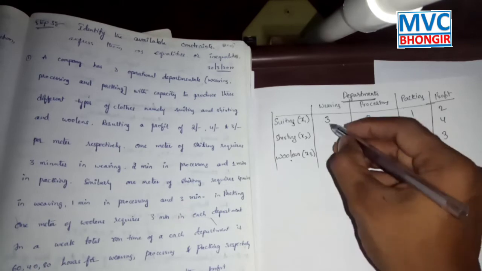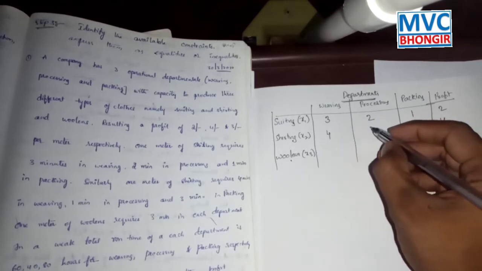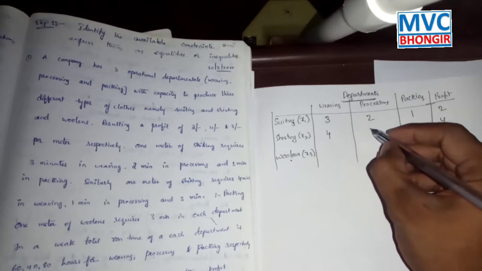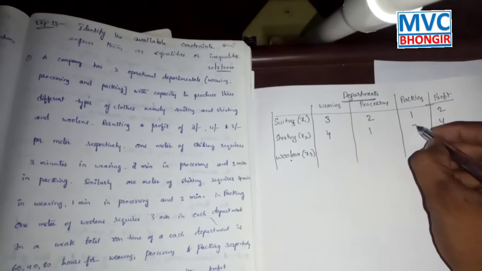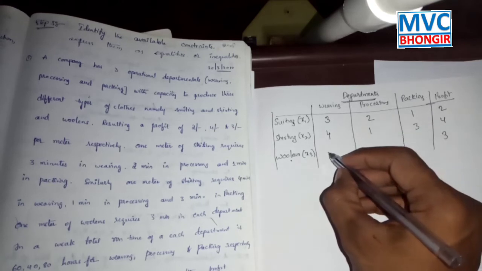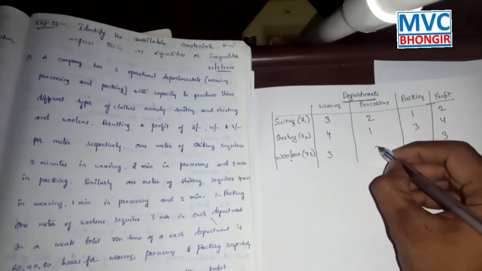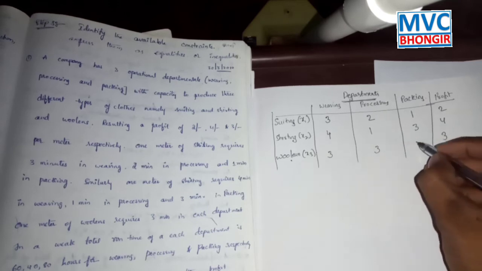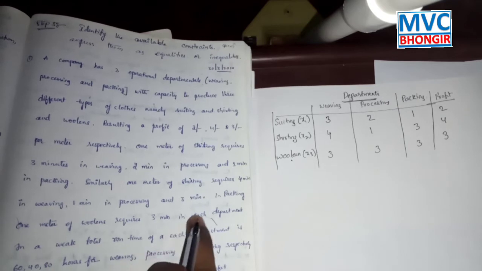To produce 1 meter of shirting cloth, it requires 4 minutes in weaving, 1 minute in processing and 3 minutes in packing. To produce 1 meter of woolen cloth, it requires 3 minutes in weaving, 3 minutes in processing, 3 minutes in packing.